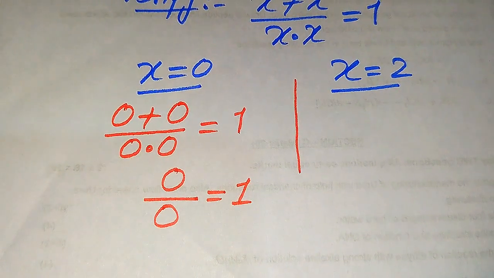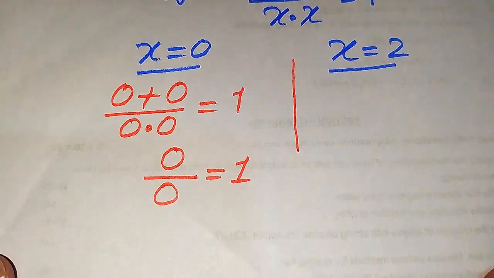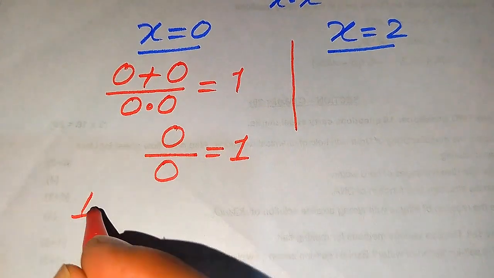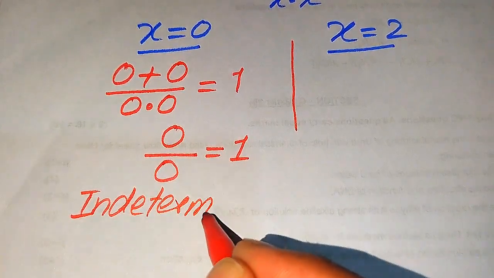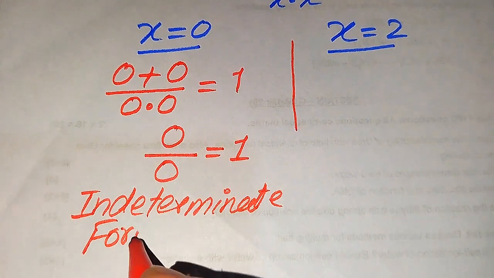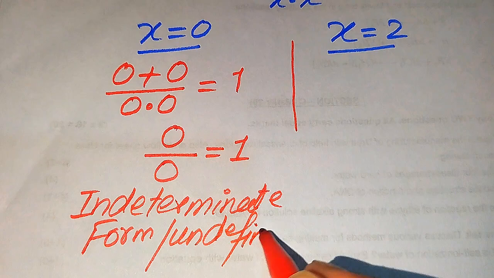Here you see that this becomes 0 by 0 form, and usually we call 0 by 0 form the indeterminate form, or in other words, an undefined form.